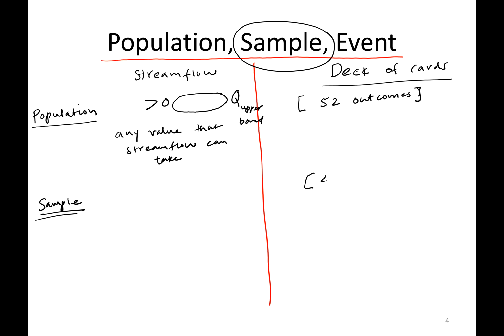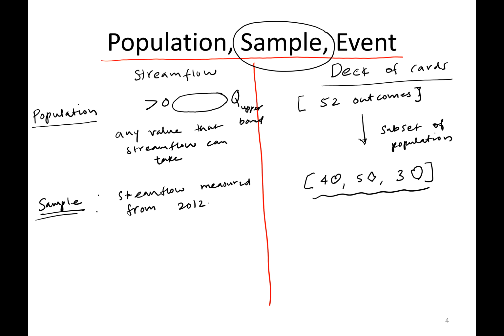In terms of stream flow, you can say stream flow measured from 2012 to 2015. So 3 years of data that you have is your sample.